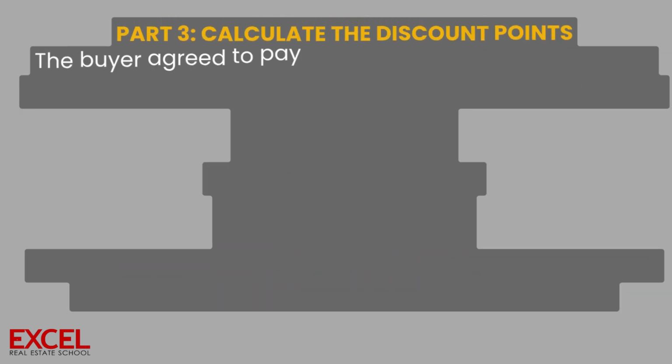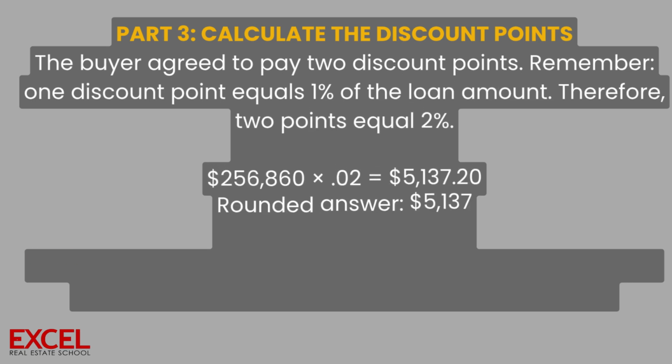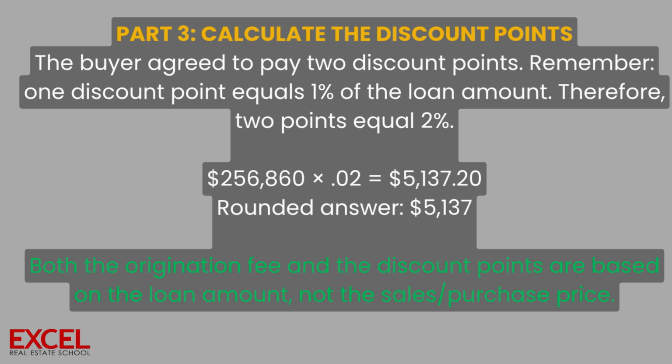Next, part 3, we're going to calculate the discount points. The buyer agreed to pay 2 discount points. Remember, 1 discount point equals 1% of the loan amount. Therefore, 2 points equals 2%. So the loan amount is $256,860 times 2%.